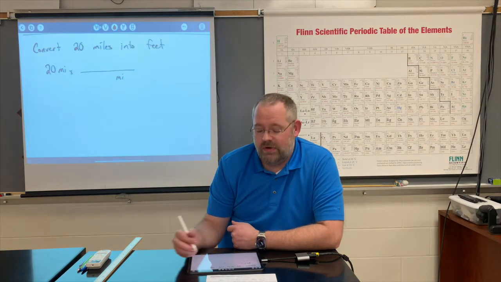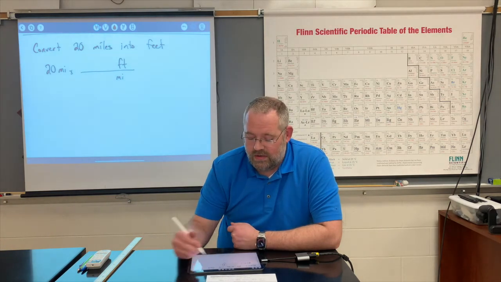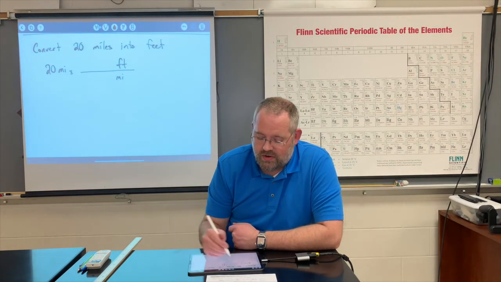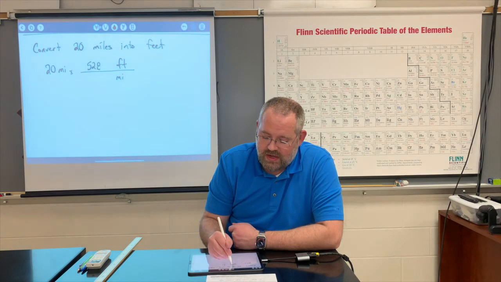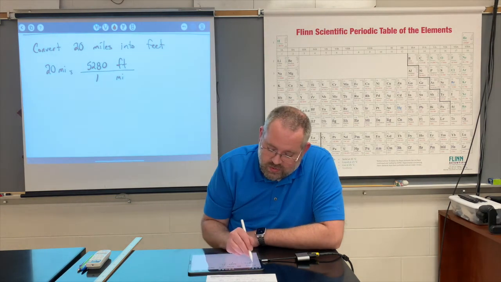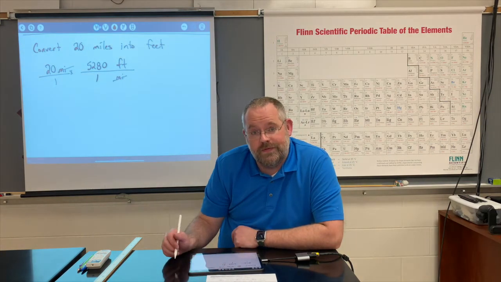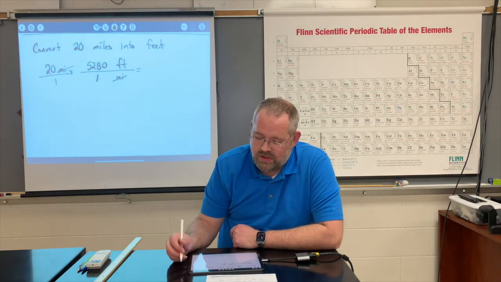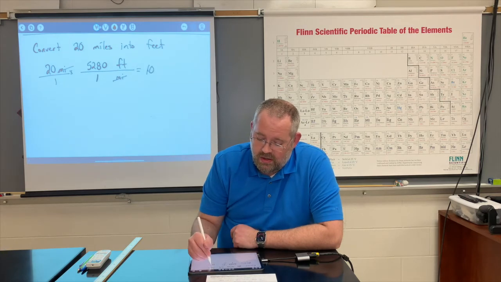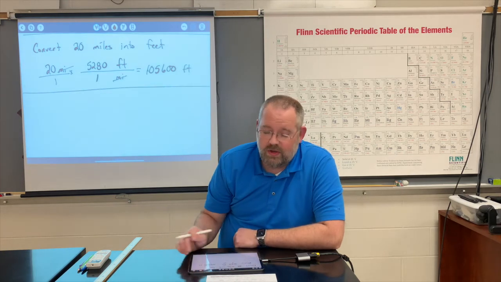Whatever you want to turn it into, put in the numerator. Okay, so if you know your conversions, there are 5,280 feet in 1 mile. So this 20 is over 1. My miles cancel out. I'm left with feet as a unit, and I get 105,600 feet.